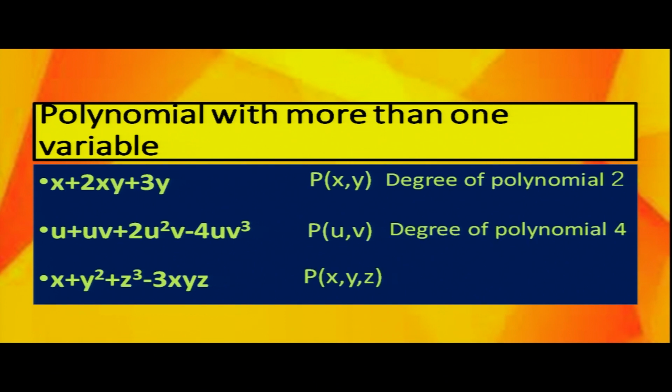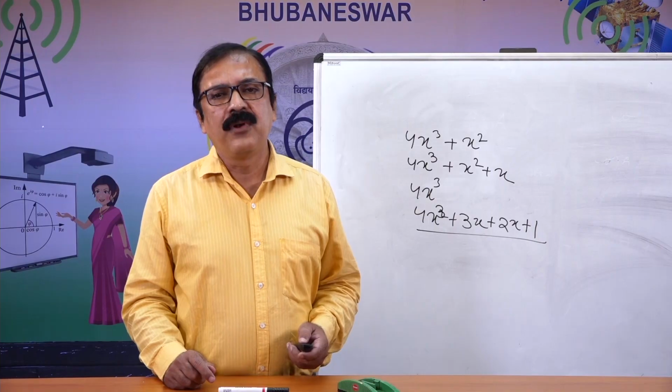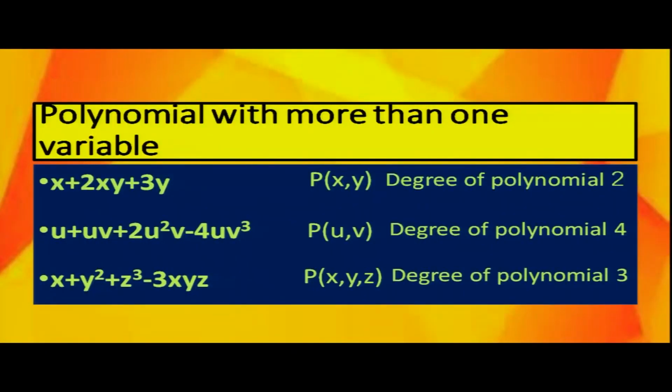In the third case, we have used three variables, so we can write p(x, y, z). Here again z to the power 3 is the maximum, and the term next to it, minus 3xyz, the sum of the exponents of the variables is again 3. So the degree of the polynomial is 3 here.